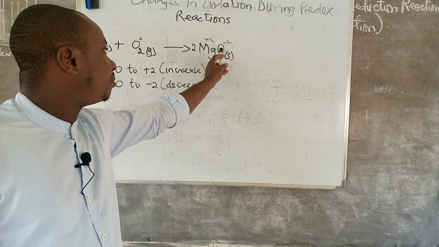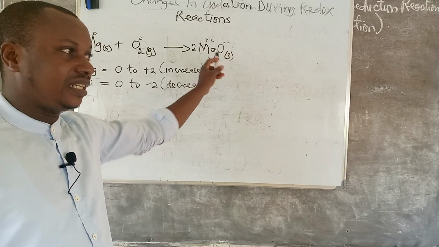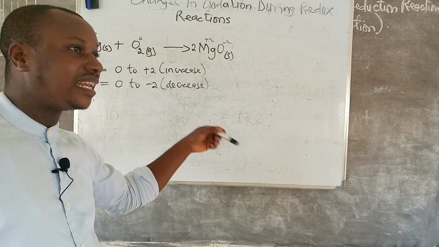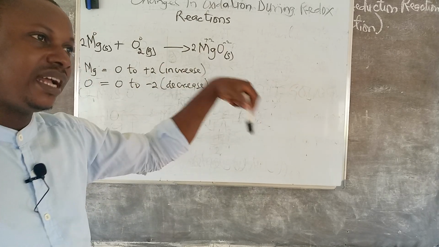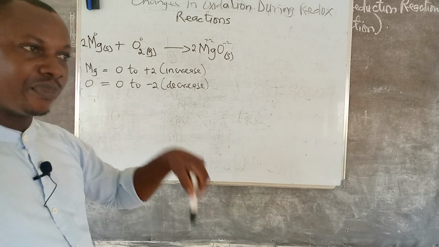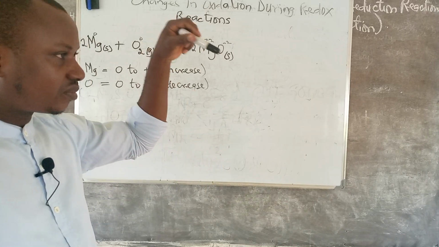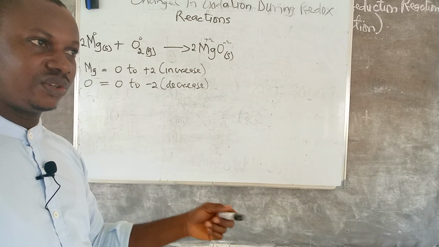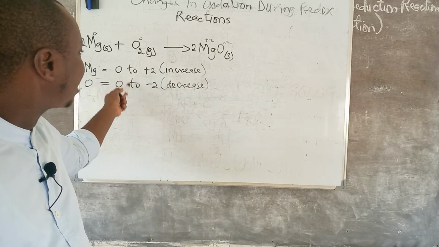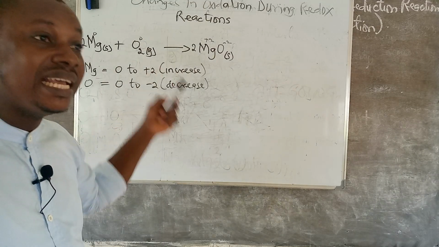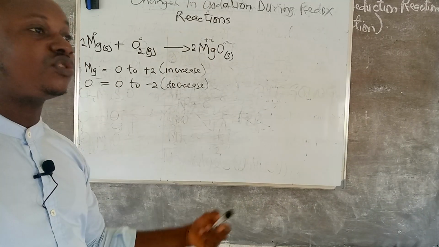Remember, a decrease in oxidation number is a clear example of a reduction reaction, and oxygen being reduced to oxide ion means that oxygen has accepted two electrons.